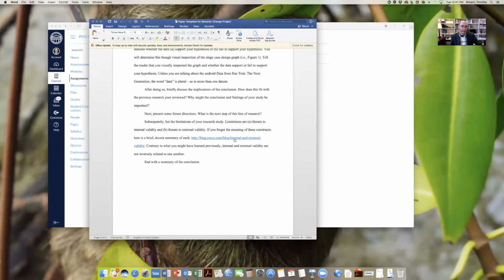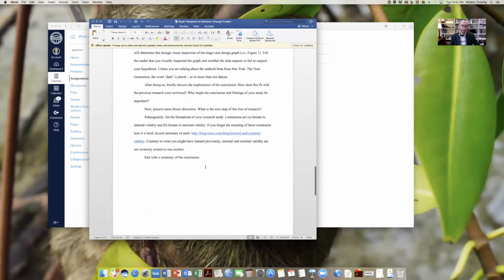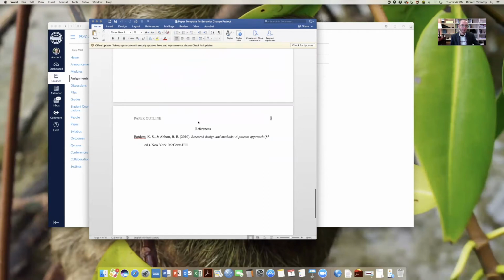There's a good explanation of internal and external validity here at this link. And then finally, end with a brief summary of the conclusion that you drew. And as a reminder, also include a reference page. References start on the next page after your discussion ends.